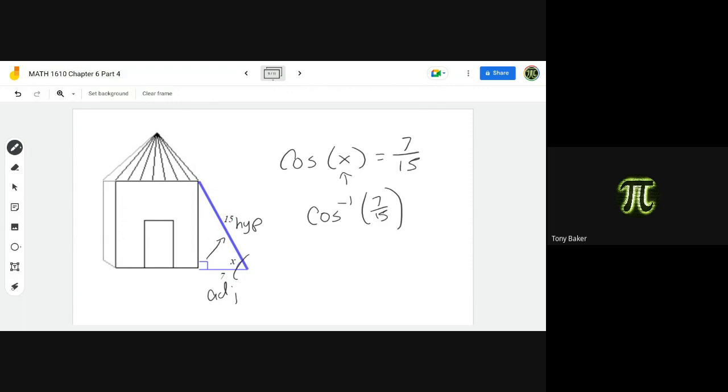So we get 62.2 degrees, the angle at which the ladder is placed against the house.